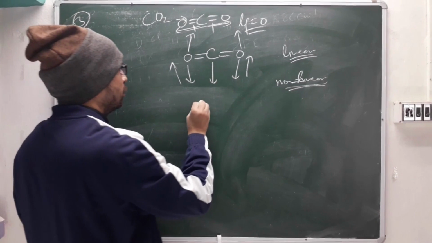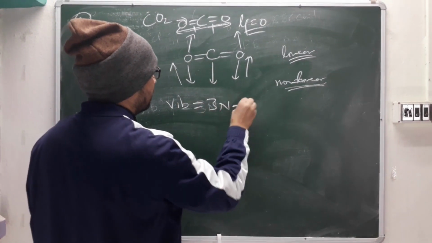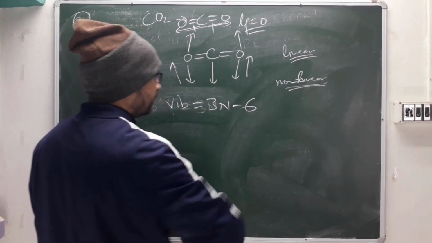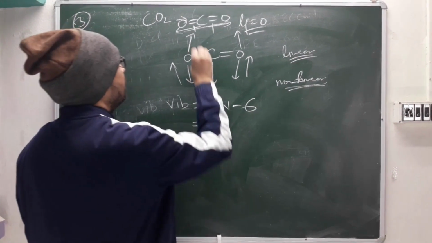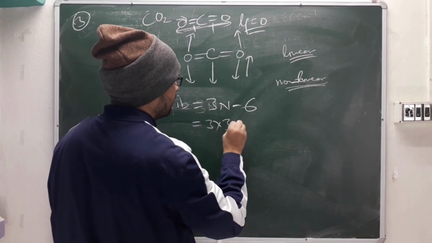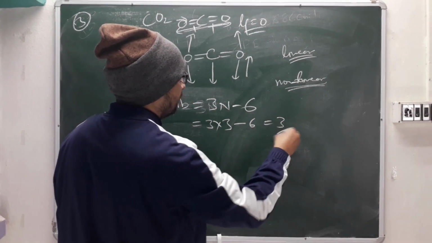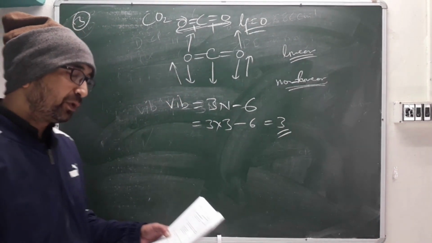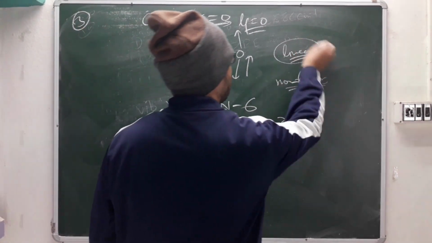For non-linear, the vibrational degree of freedom will be 3n minus 6. With 3 atoms, 3 into 3, 9 minus 6 equals 3, right? So option C will be your correct answer. Suppose you take linear, what will happen?